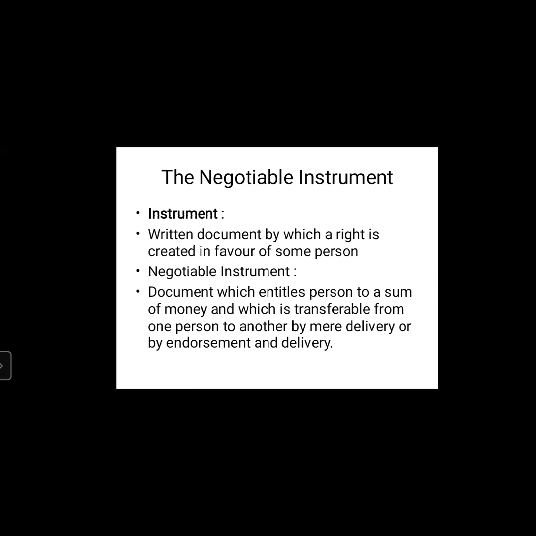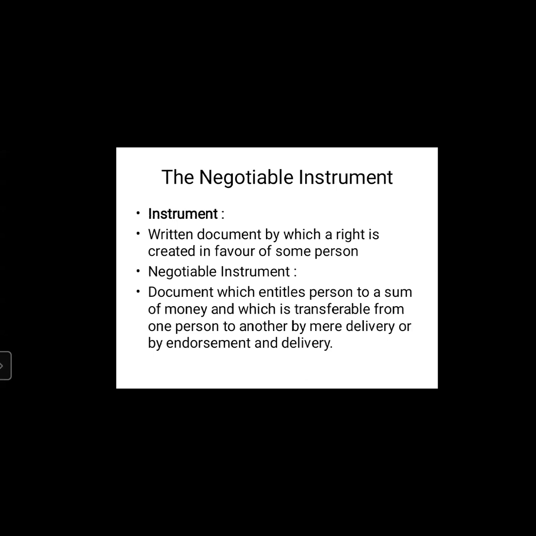Negotiable instrument is an instrument which can be transferred from one person to another, and the person who is in custody of this written document, which says that he will be paid a particular amount within a particular period, on showing that instrument can recover that amount from the person who has made the instrument.